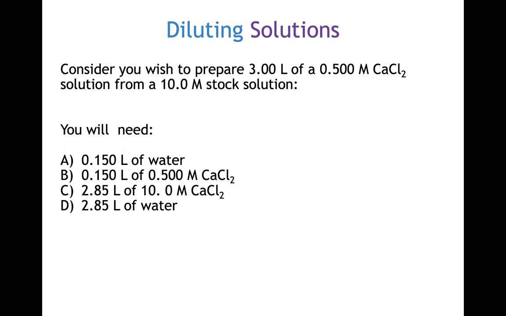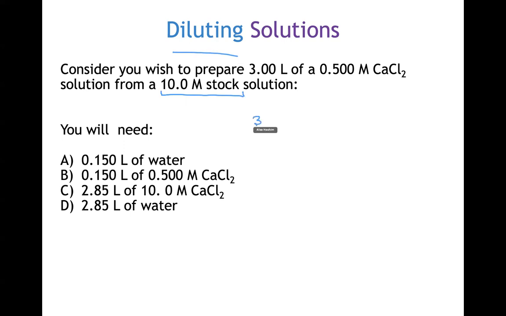And it's giving you what the stock solution is. So what type of problem does it look like? Does it look like we're calculating the molarity? No, it appears to be more like a dilution problem, right?